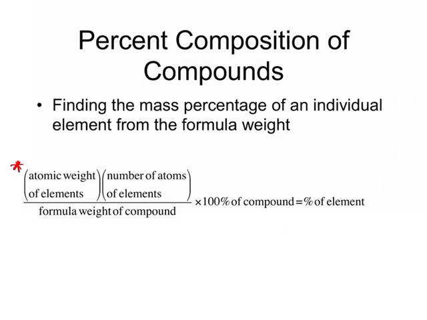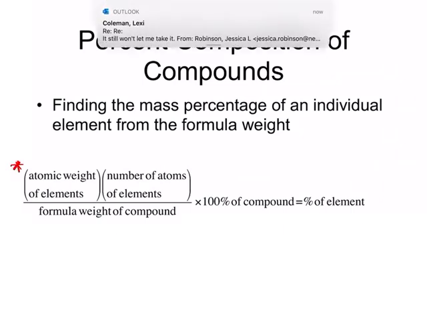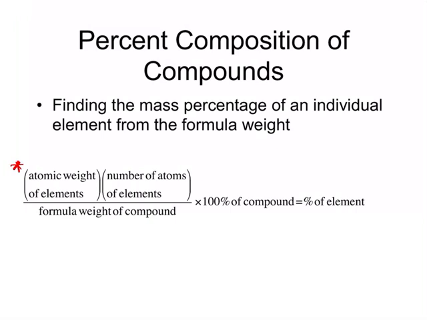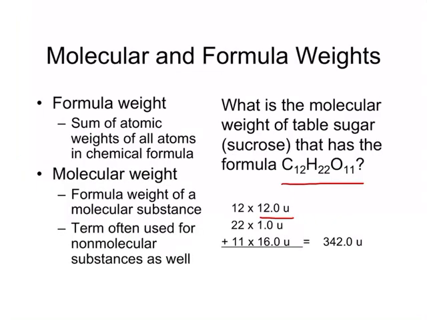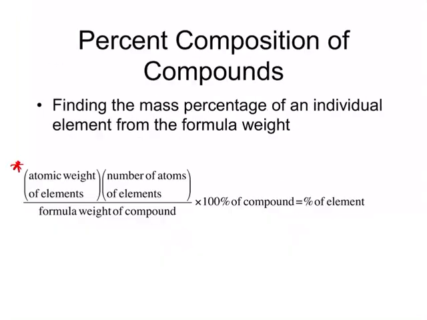You get this equation, and that's just given to you. It says the atomic weight of the element times the number of atoms of the element divided by the formula weight of the compound, all multiplied by 100%. So let's do our last example, C12H22O11.